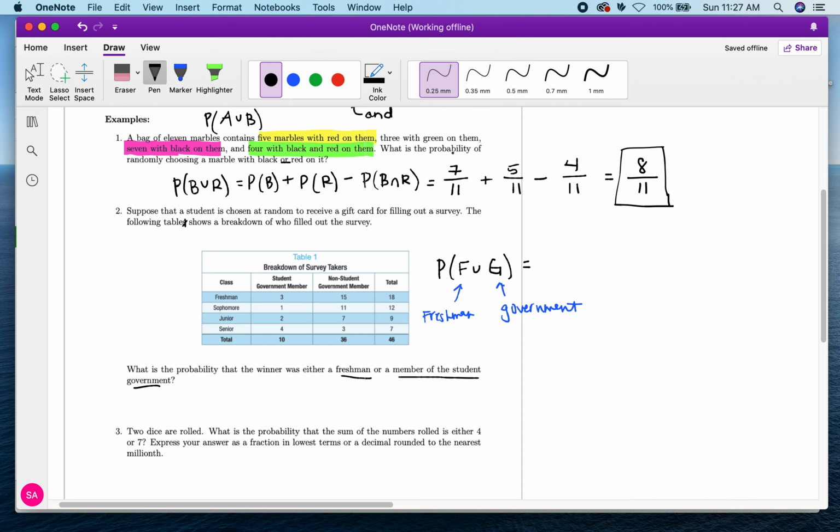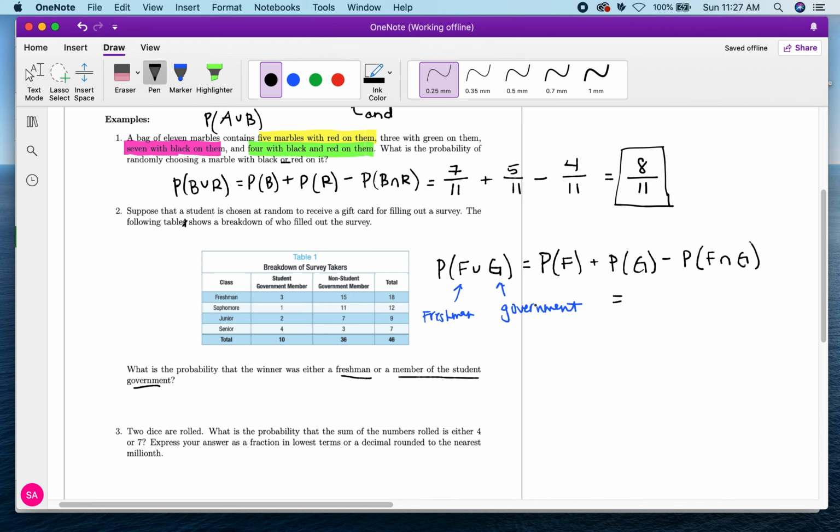So we're just going to use this same formula. It's going to be the probability of choosing a freshman plus the probability of choosing somebody in the student government, and then you want to take away the probability of those things happening together, someone being a freshman and a member of the student government, so we're not double counting.